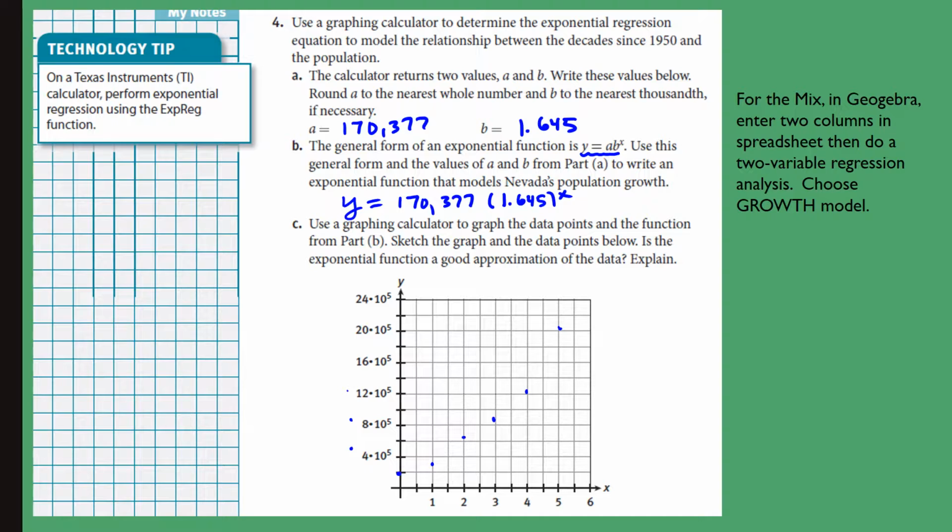And the regression line looks kind of like that. And so there's some little points off a little bit. It doesn't fit just perfectly, but you can see the line is kind of like a line of best fit. So is this exponential function a good approximation of the data? Explain.